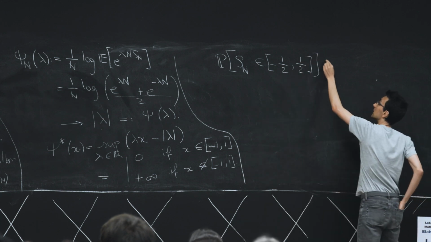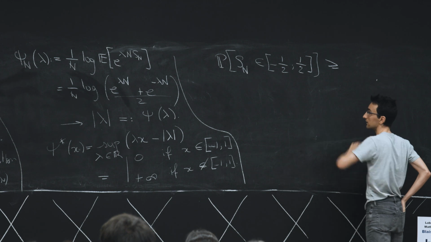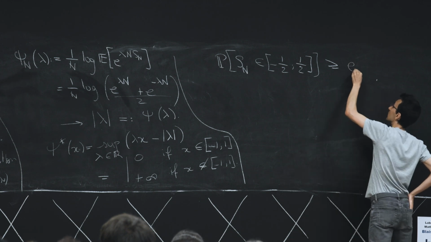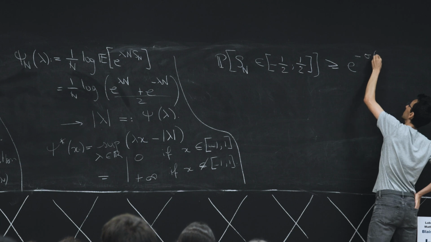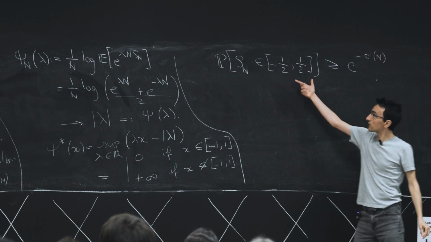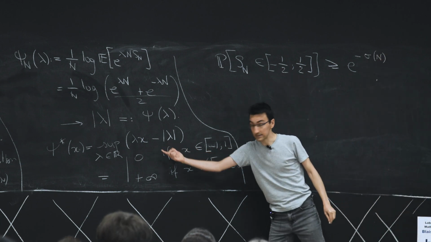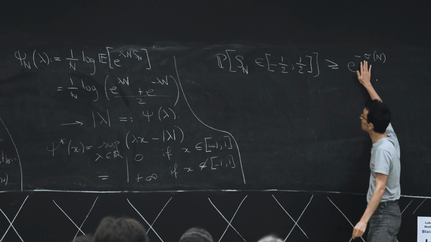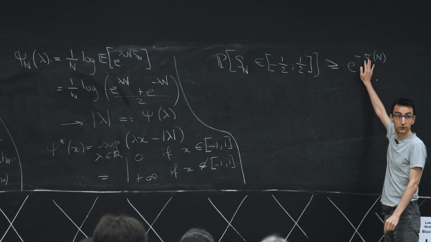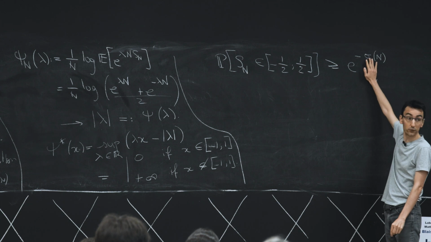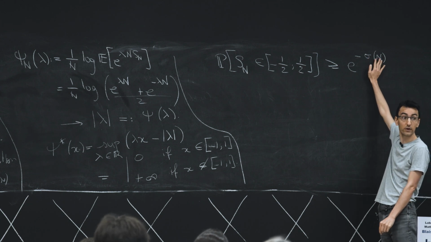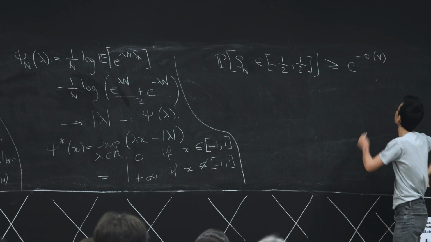Because it says that this probability should be greater than something like exponential of minus little o of n. On this interval, the rate function here is 0. You don't even need to put a small parameter here, there's no strictly positive number you have to put. It should be little o of n inside the exponential.